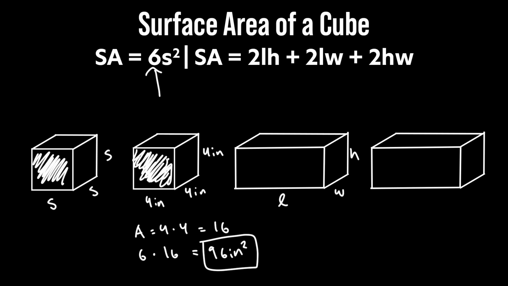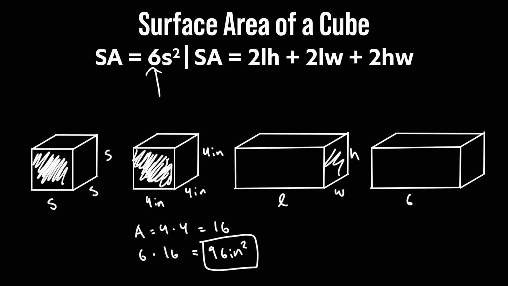And so, therefore, the equation is 2 times length times height plus 2 times length times width plus 2 times height times width. Basically, there are 2 sets of the same area on a rectangular solid. For example, the front side and the back side are the same area, the right side and the left side are the same area, and the top and the bottom are the same area. That's why there's 2 sets of each.